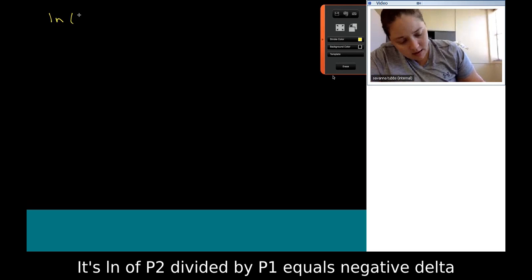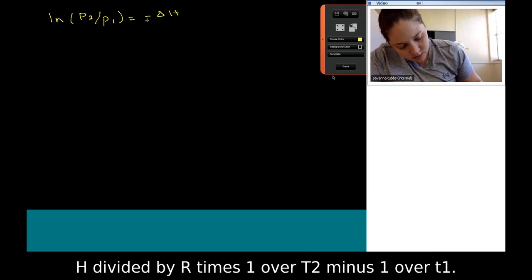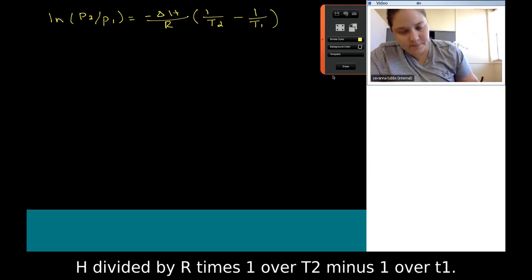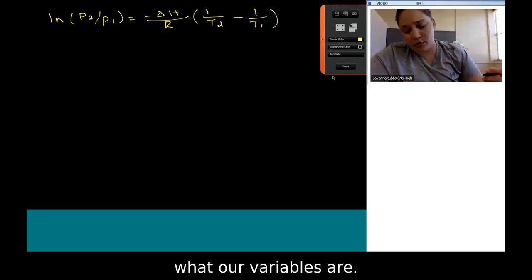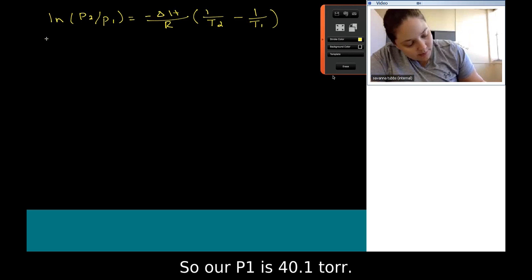We know that we're given delta H, so we know which equation we need to use. It's ln of P2 divided by P1 equals negative delta H divided by R times 1 over T2 minus 1 over T1. And just like before, we need to figure out what our variables are. Our P1 is 40.1 torr.